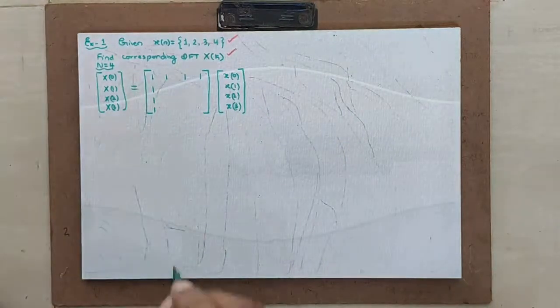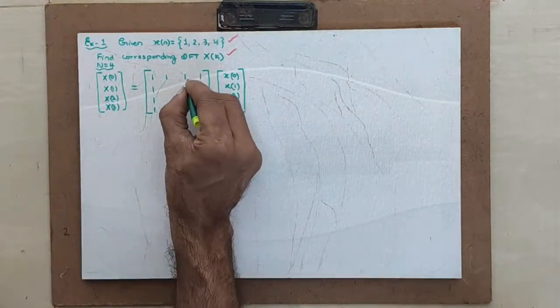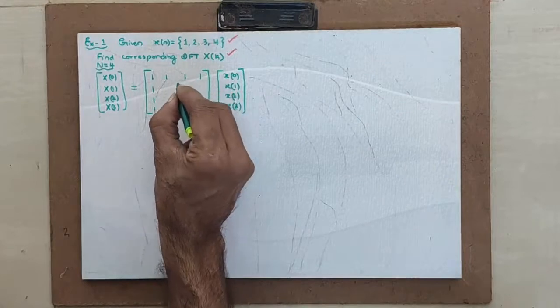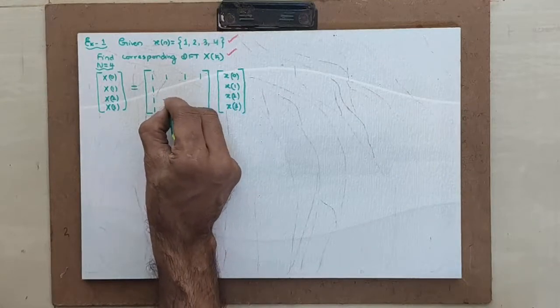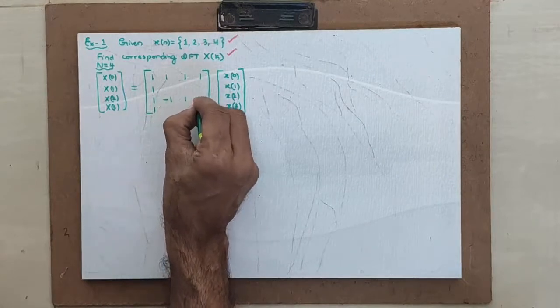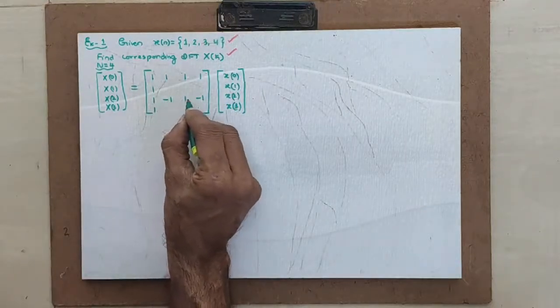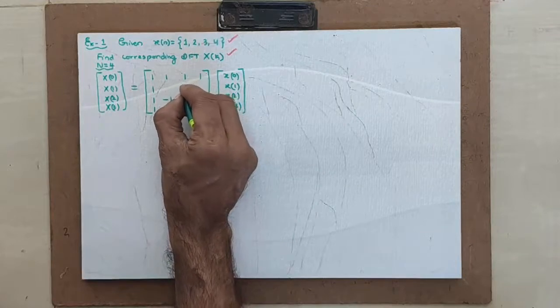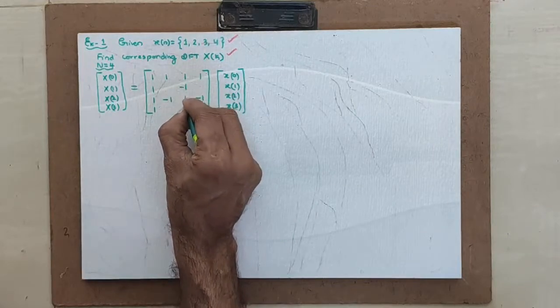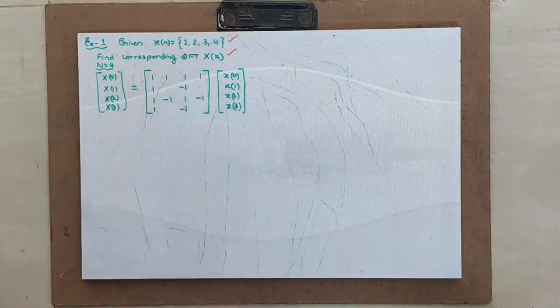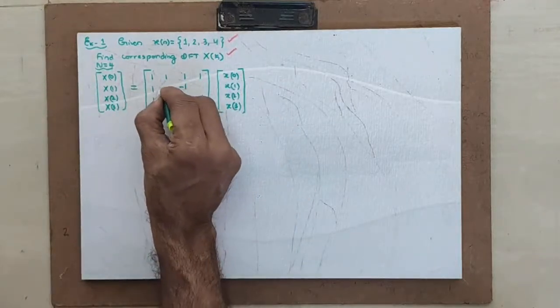Okay, and then directly come to the third row. Third row or third column, anything. 1, minus 1, 1, minus 1. Okay, third row I filled with 1, minus 1, 1, minus 1. Similarly, third column 1, minus 1, 1, minus 1. Okay, now we have filled.